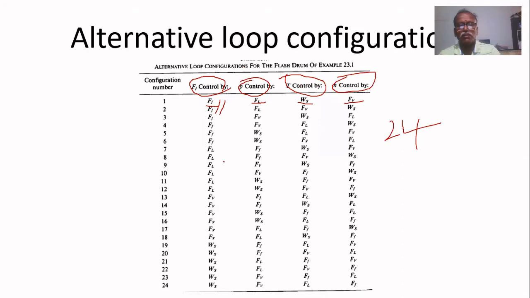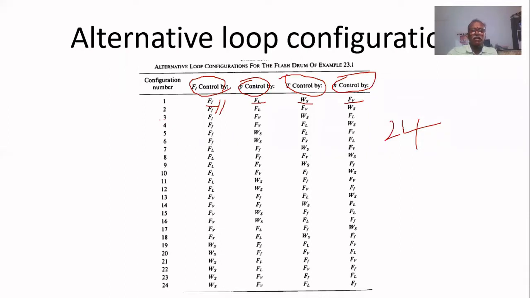But which one among the 24 is best, that we have to find. Yesterday we did that by using qualitative analysis.